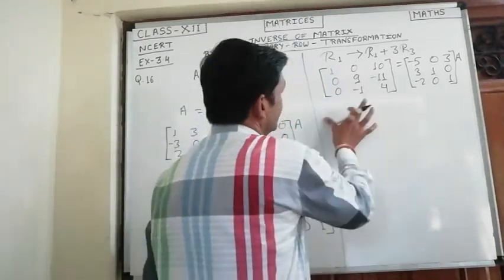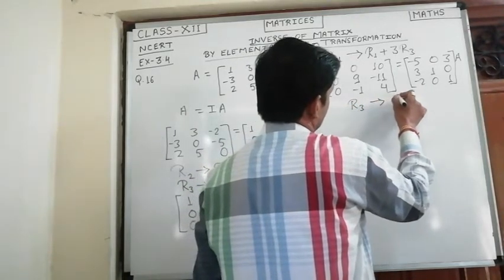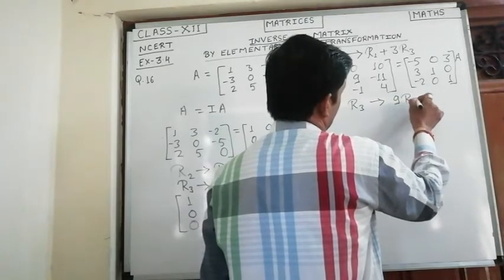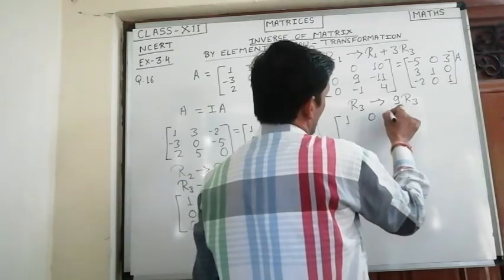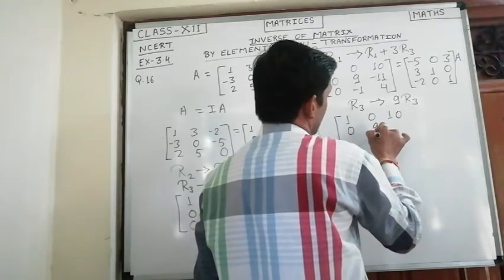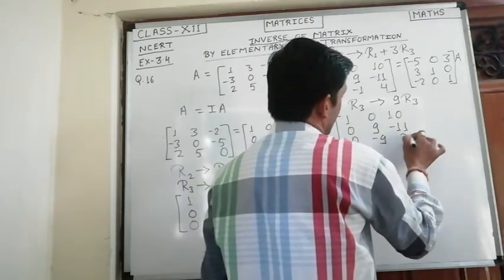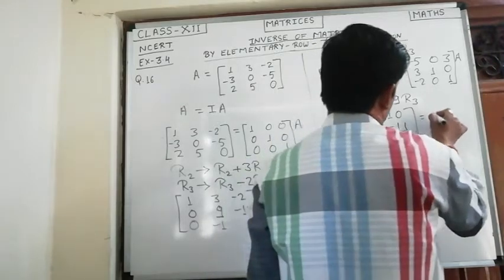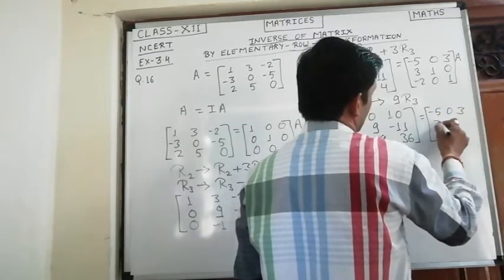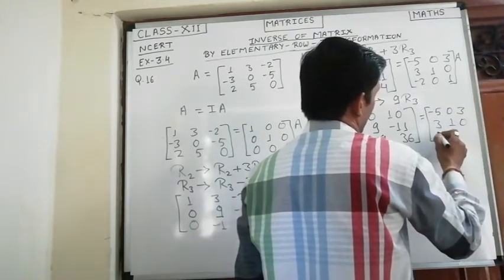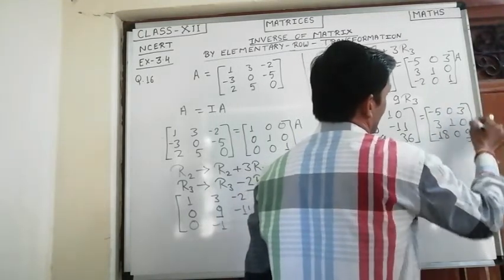So let us do in R3, R3 plus 9R2. So what it will become? 1 0 10, 0 9 minus 11, and here it is 0 minus 9 36 is equal to minus 5 0 3. Here it is 3 1 0. Here it is minus 18 0 and 9, and with this we have to write A also here.